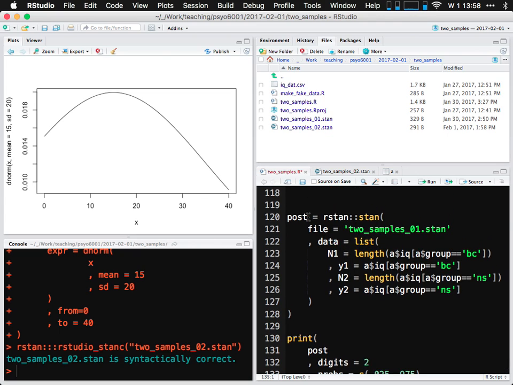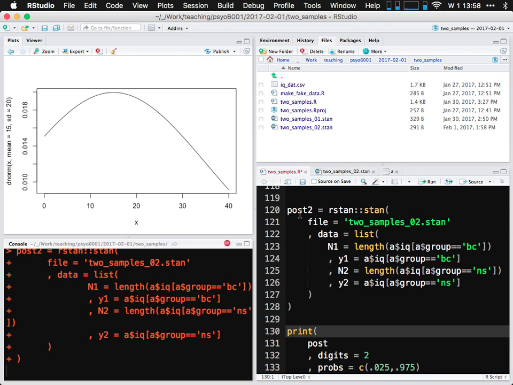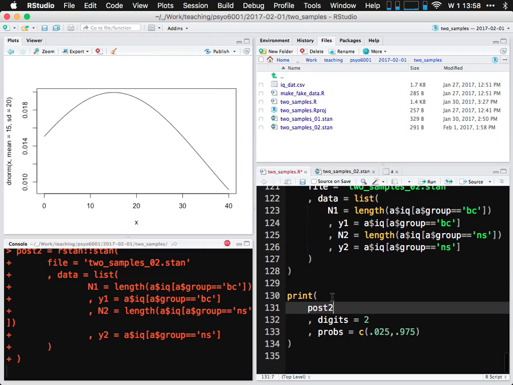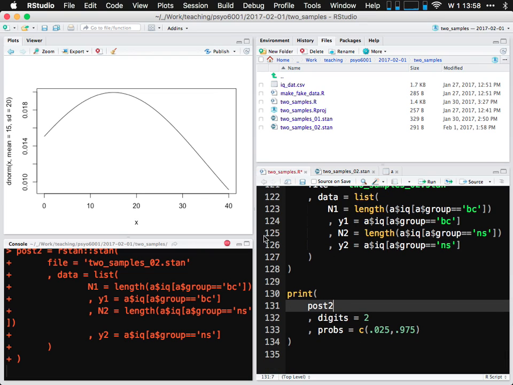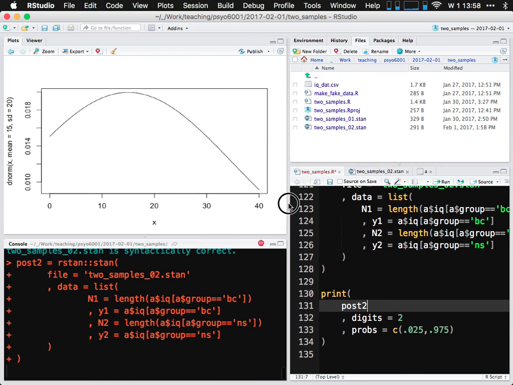So now I'll call it post 2, and instead of 2 sample 01, it's 2 sample 02. It's going to compile first, and then it'll start sampling. I want to print out the summary table from post 2. Once it compiles, it should sample very quickly.